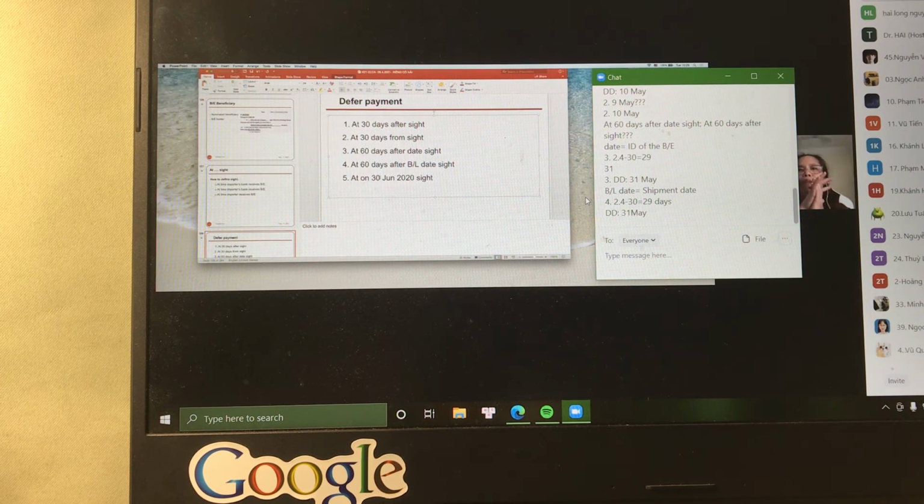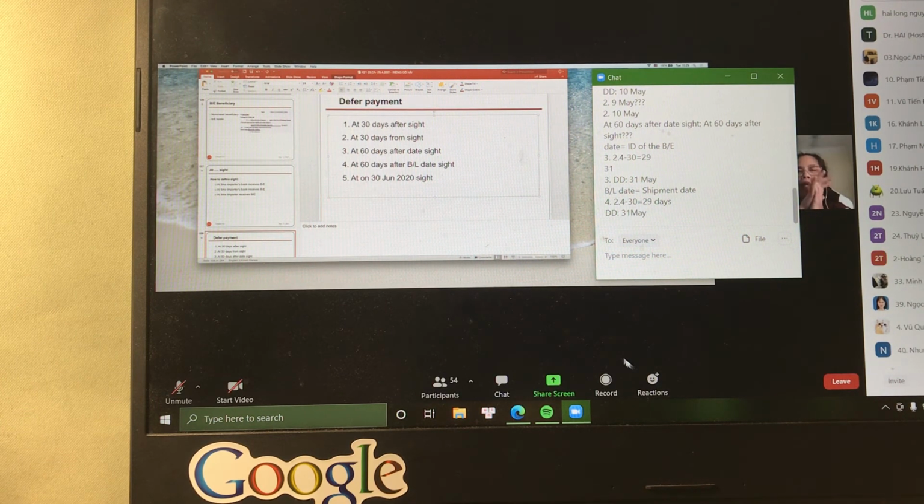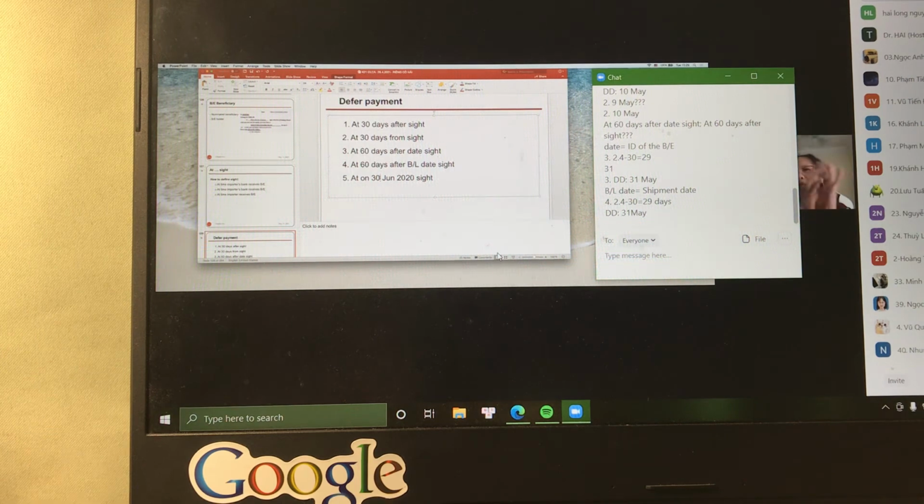Okay, so now look at the last case. On 30 of June 2020 sight. We don't need to calculate because look at this term, we know exactly the due date. The due date falls on the 30th of June. That is a fixed day.